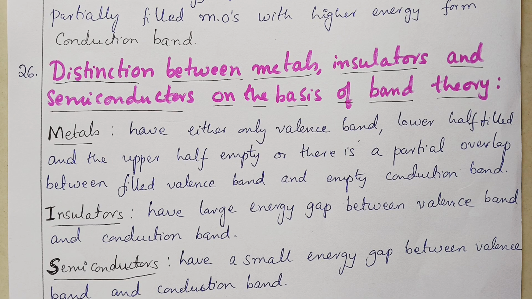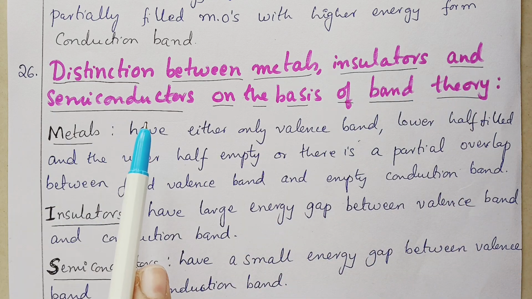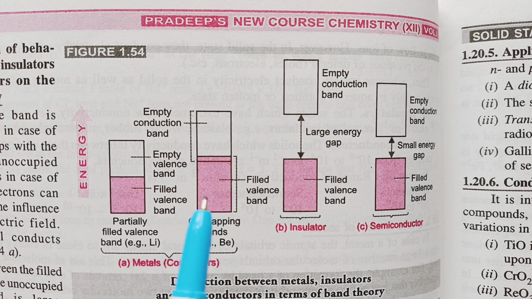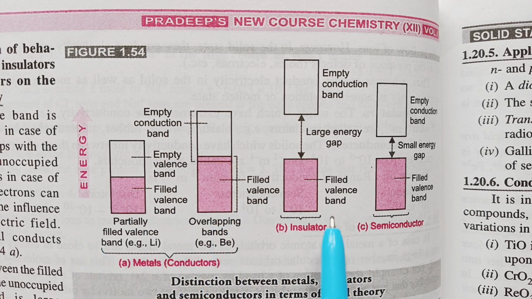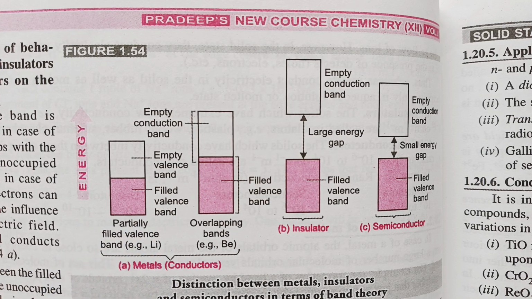Based on band theory, let's see the distinction between metals, insulators and semiconductors. Here is a picture which shows the different types of bands in metals, insulators and semiconductors. So consider this one for metals.